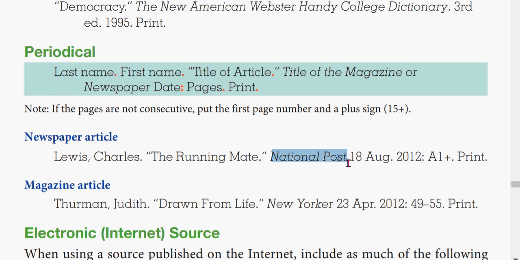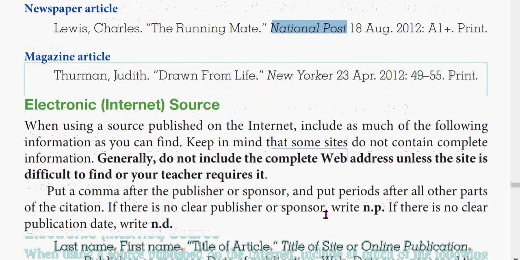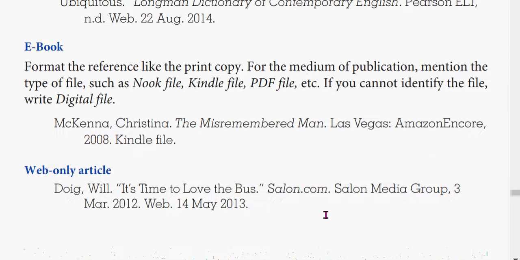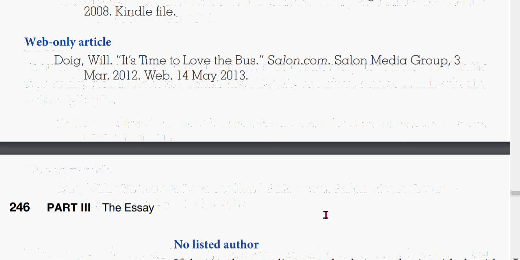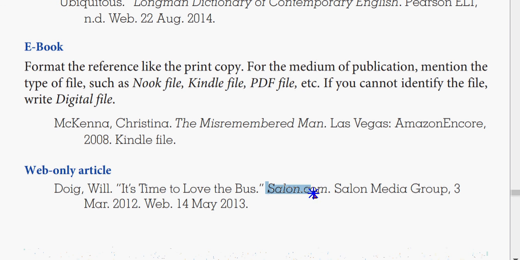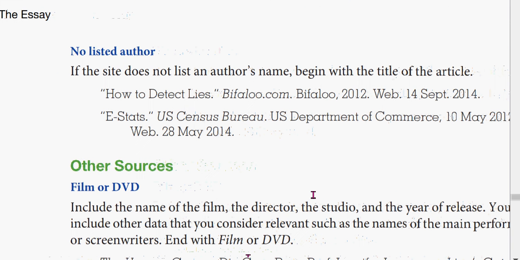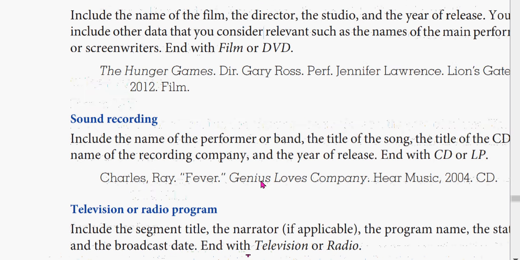Usually, the italicized section is the title of the publication. But there are some cases where it is not. It might be the title of the website. Here's the title of the website, salon.com. And in a few cases, it is the title of a database or a government organization, which we see over here.